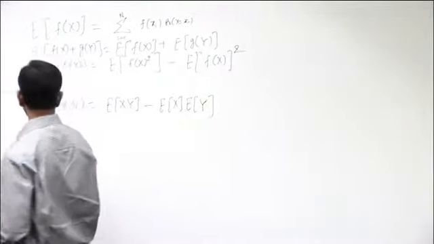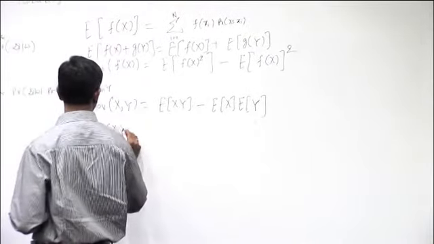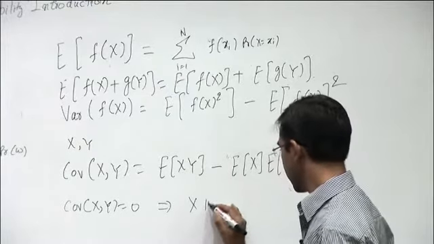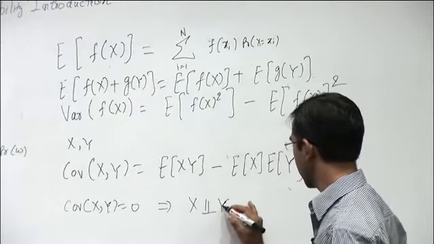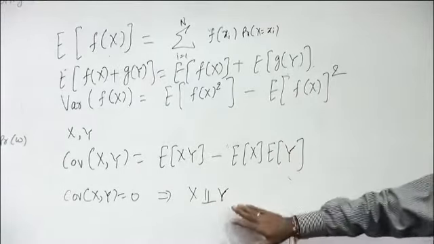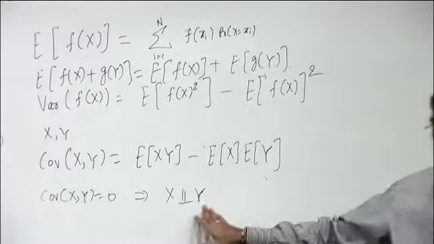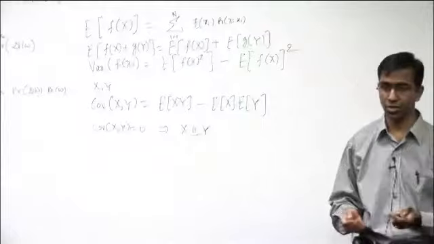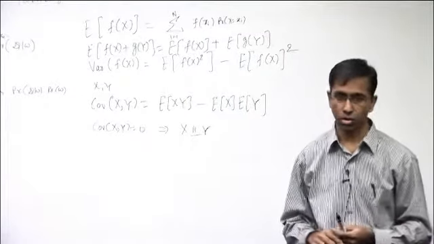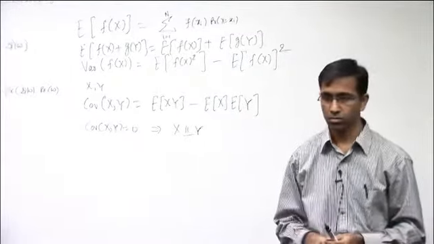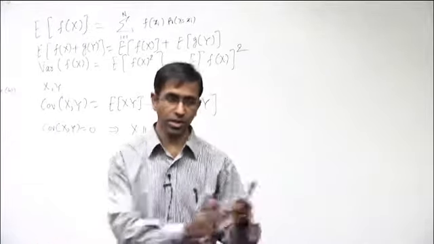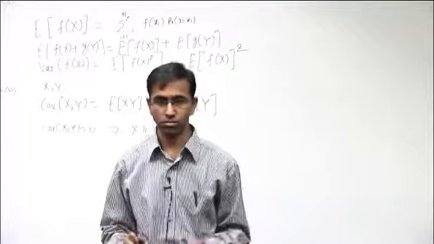That is, if the covariance of x comma y is equal to 0, that implies that x is independent of y. That is, the outcome of y has no bearing on x and vice versa. For example, if you toss two coins, whether the first coin gets head or tail doesn't matter at all to the second coin.